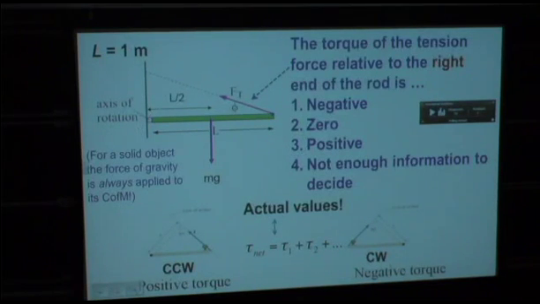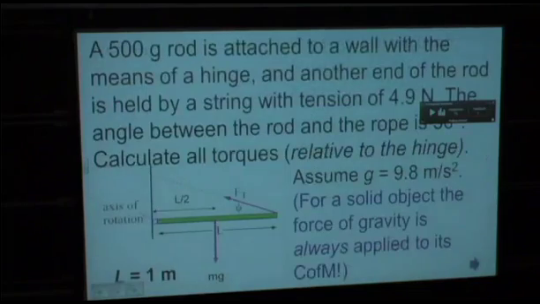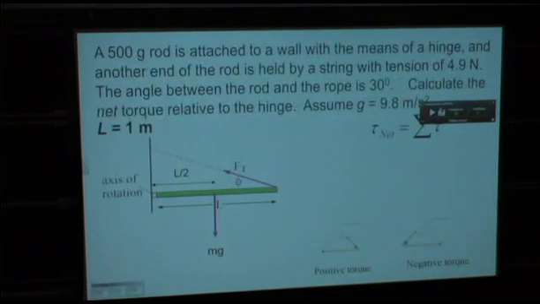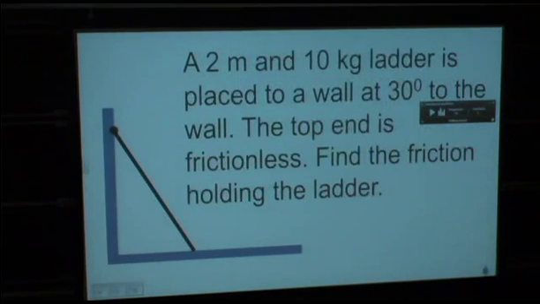Relative to the right end, if we choose the axis here, now you would have to say 0, because now the same force has no distance at all from the axis of rotation, right? So we can choose any axis, and of course in equilibrium, the net torque will be 0. And there's this problem which I want to actually do.